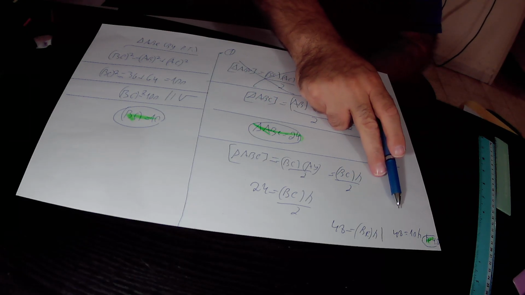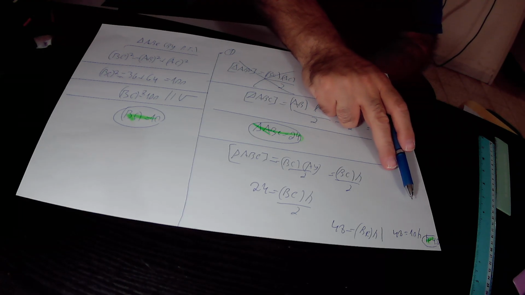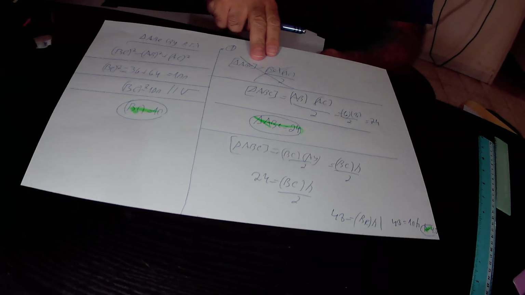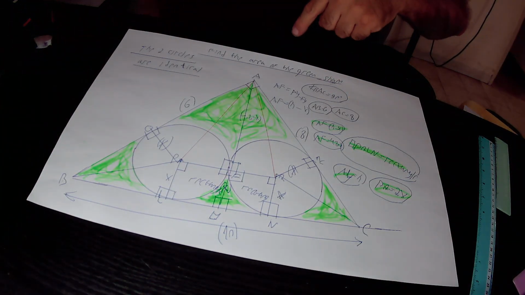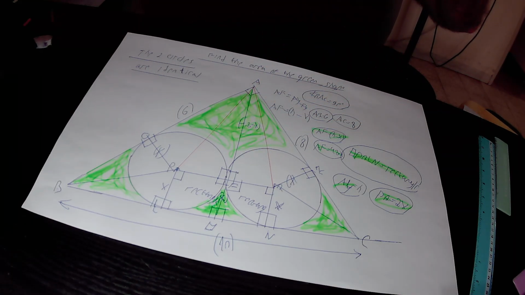Here we divided the equation by 10. We found that h of triangle ABC equals 48 over 10, that is 4.8. So the height to the base BC equals 4.8 units in length.